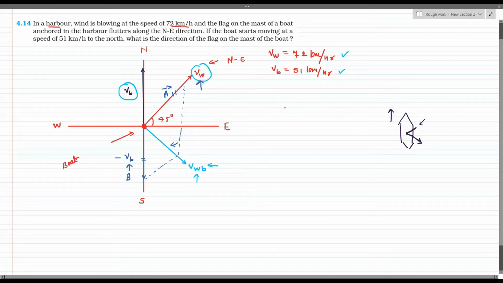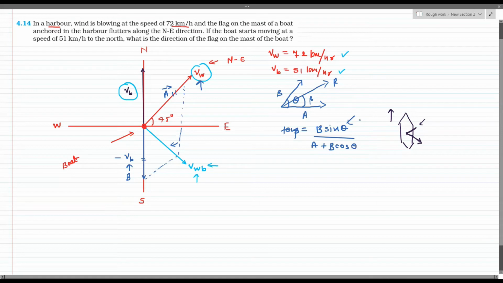Now let me give you some idea. If we have two vectors, so this is A and this is B, and if the angle between them is theta, the resultant will be R, and that makes angle beta. And the formula is tan beta equals B sine theta upon A plus B cos theta.